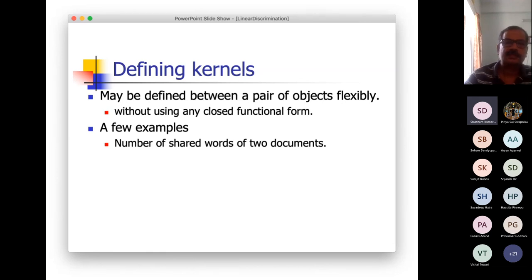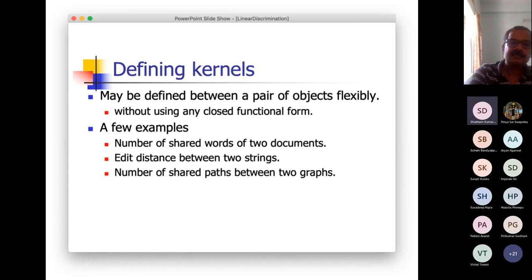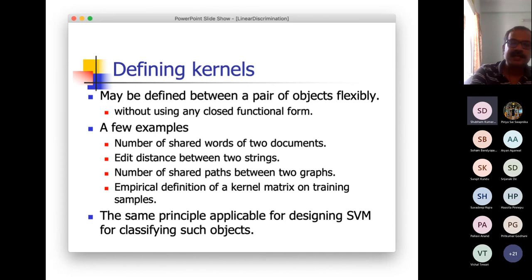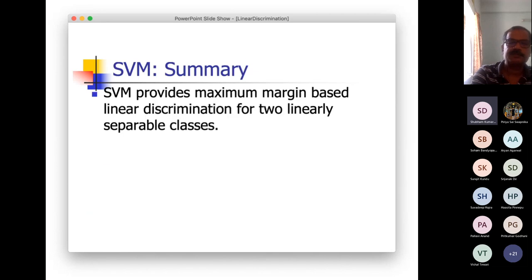For example, you consider the number of shared words of two documents or the edit distance between two strings. So these can also be used for defining a kernel matrix. Or any empirical definition itself, as I was mentioning. So you can use it and then use the same approach for solving them using SVM.